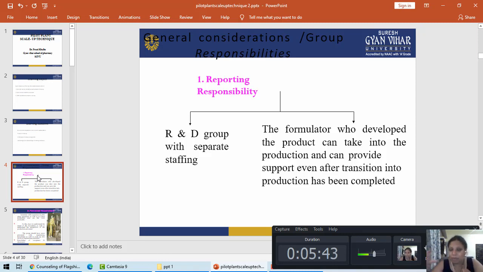So scale up is basically when we are using the pilot plant formula for large scale manufacturing. Okay, so we have also discussed that there are multiple advantages and disadvantages of scale up, like if you are changing the formula.